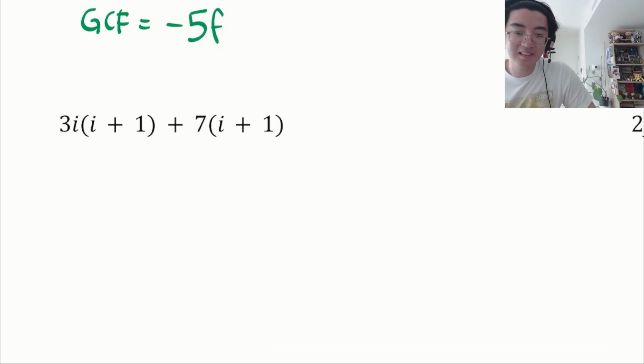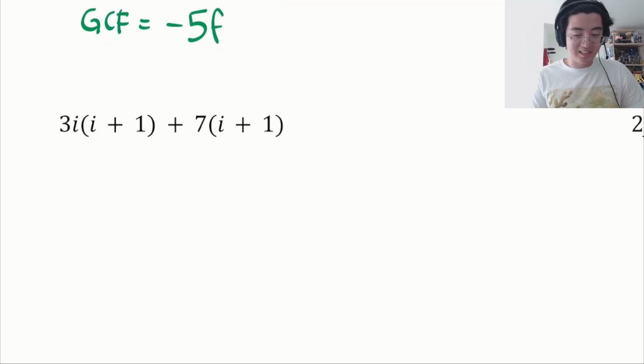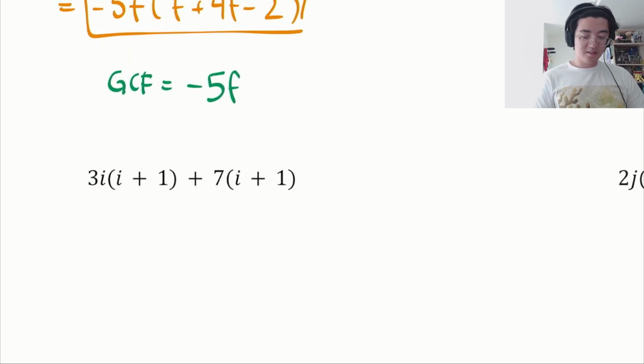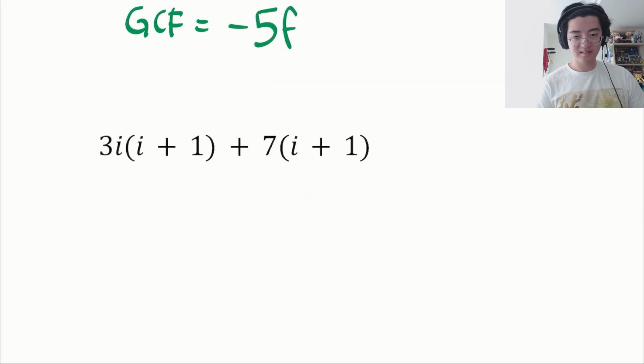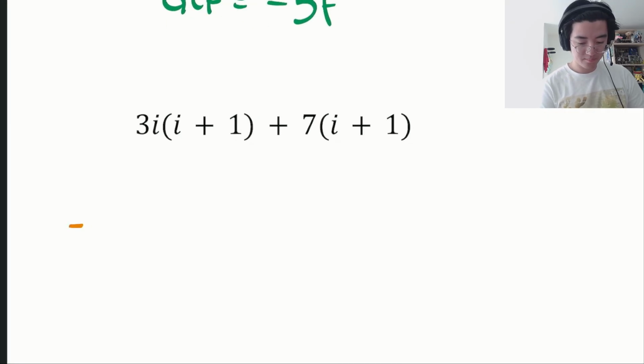How about here? Here's something interesting. We notice here that both of those have a common factor still, because both of those are multiplying into I plus 1. So what we could do in cases like this is take out the I plus 1.